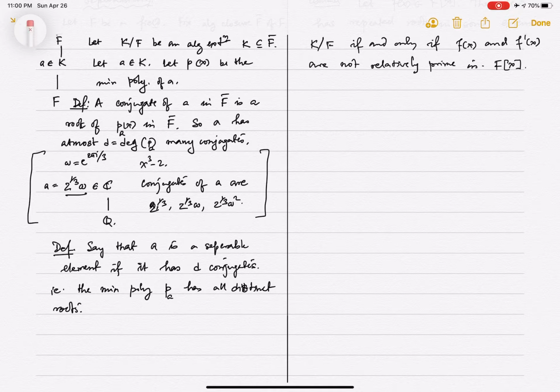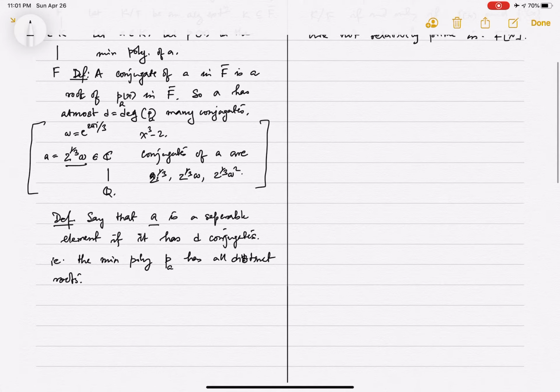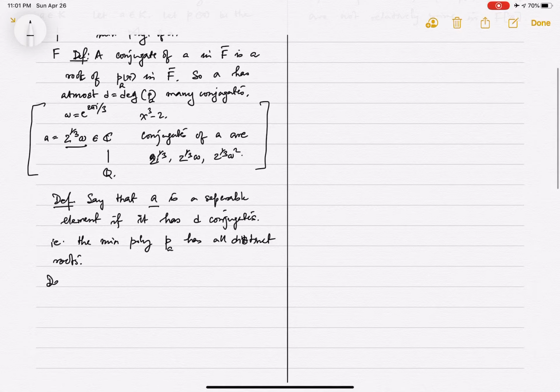So we are saying that an element is separable if its minimal polynomial is separable. And then an extension is called separable if every element in the big field is separable. Say that. So final definition. Say K over F is separable if each A in K is separable.